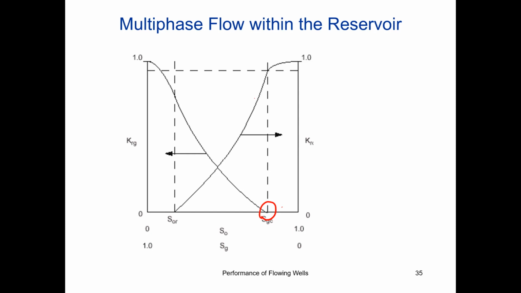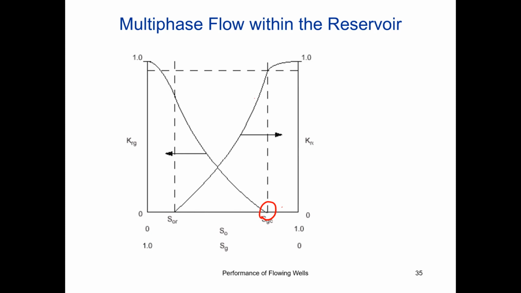And how much is produced depends on their mobility. Gas is very mobile, so maybe critical saturation is 5%. Oil is less mobile, therefore residual oil can be 20%, 25%.